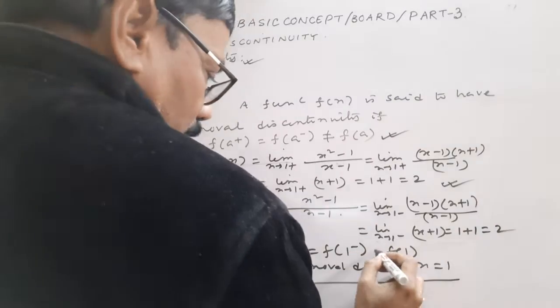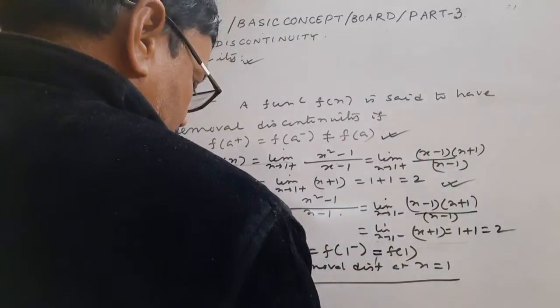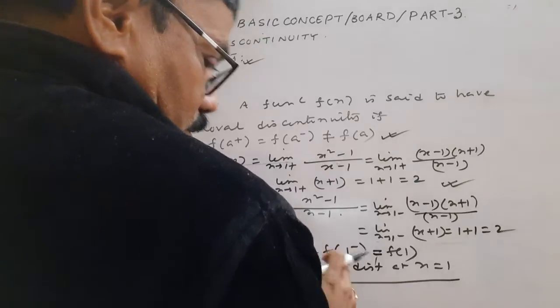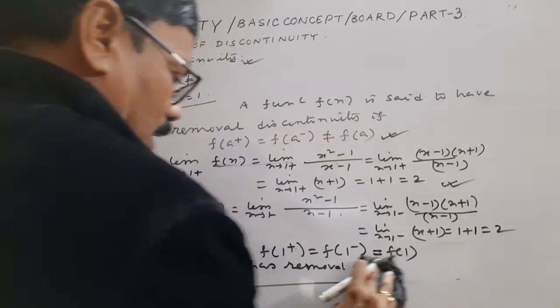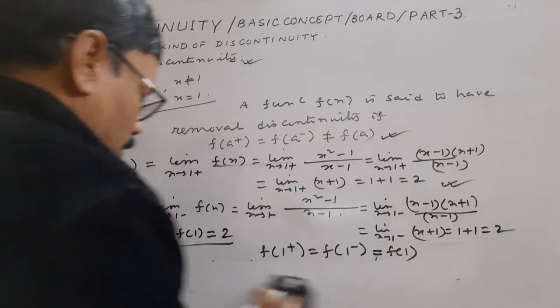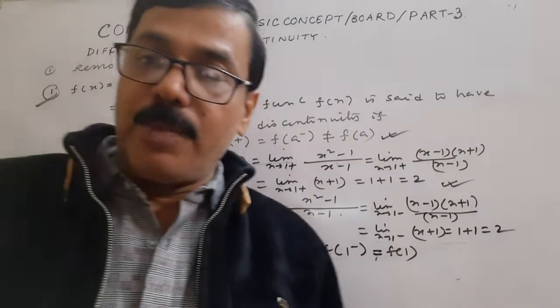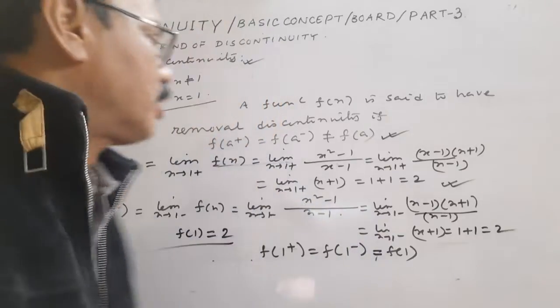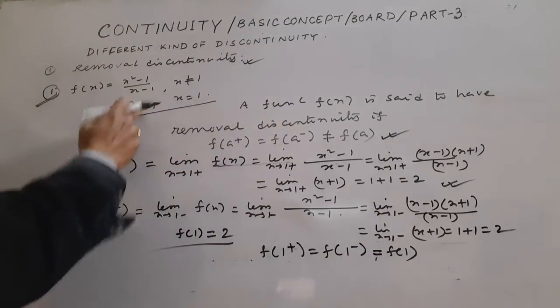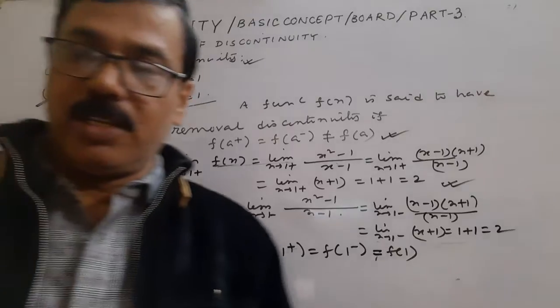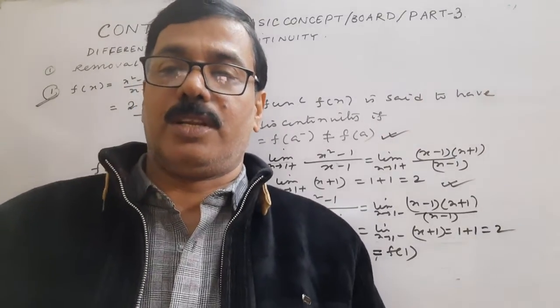Then you get the right hand limit equals the left hand limit equals the functional value. Therefore f(x) is continuous. So you can make it continuous by changing the specified value. That is why the name removal discontinuity.